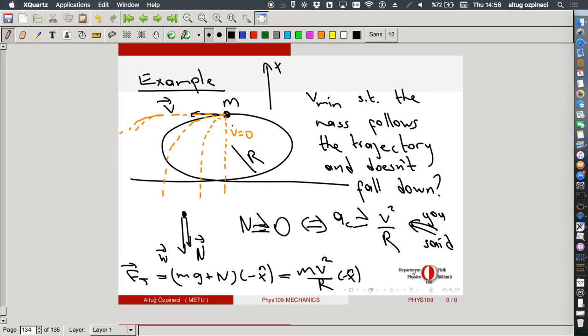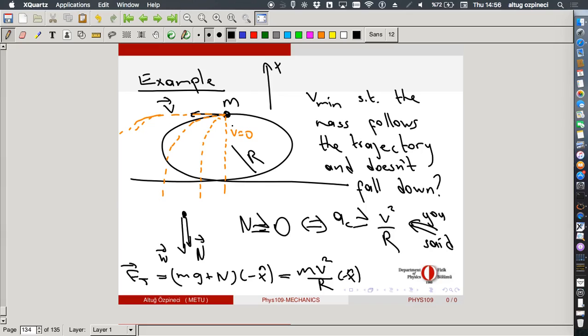Normal force is always perpendicular to the surface creating the force. So, in this case, I'm just right at the top of this circle, and that surface is exerting the normal force, so it can only be downward. So if it is going very fast, the normal force has to push it further down. Gravity is already pushing it down. The normal force has to push it down.